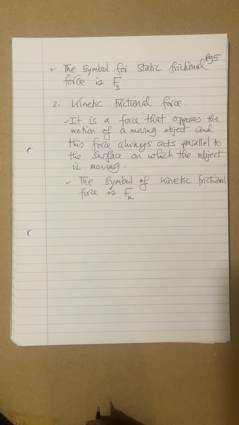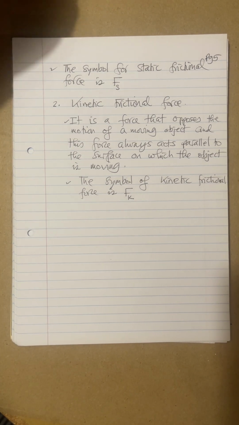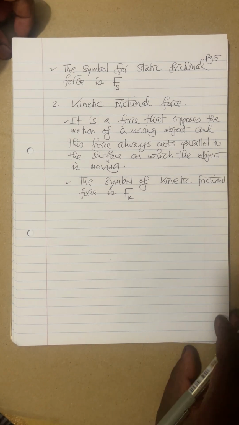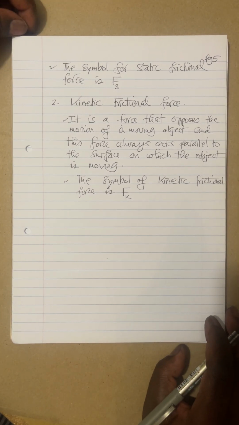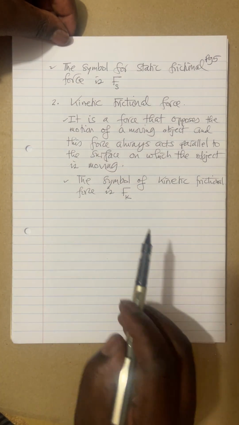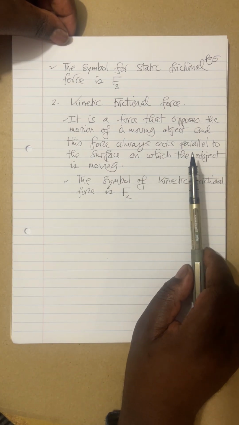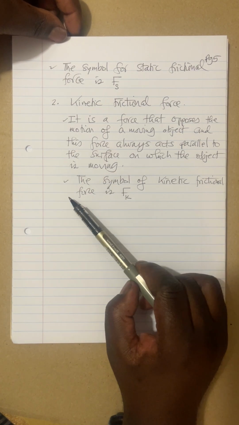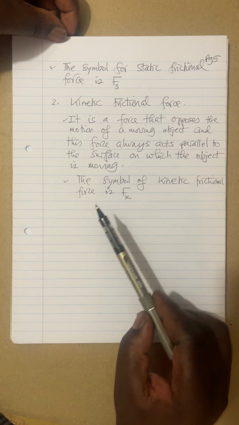All forces are measured in newtons except what we call electromotive force, which actually is not a force but performs the function of a force. It's measured in volts. We will look at it when we start looking at electrodynamics as well as internal resistance. But in this case, kinetic frictional force is a force that opposes the motion of a moving object, and always acts parallel to the surface on which the object is moving. The symbol is Fk.